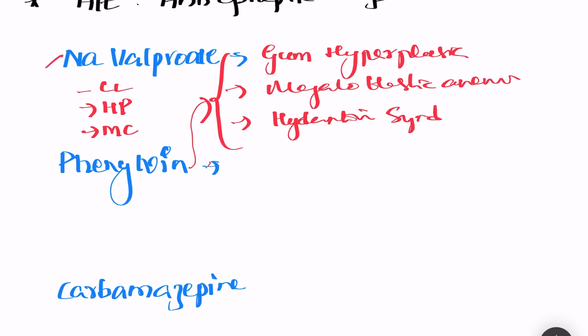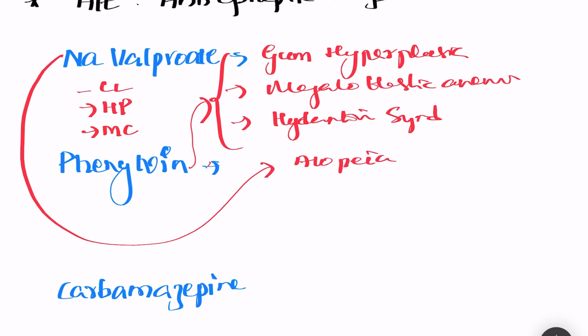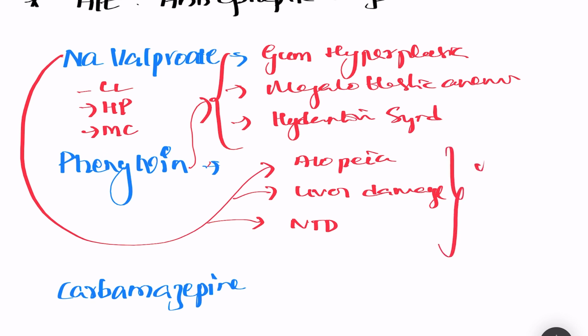So then what will be the side effects for sodium valproate? Sodium valproate will cause alopecia as the side effect. It can cause liver damage, hepatotoxicity, and it can cause neural tube defect. Among these anti-epileptic drugs, it is the most teratogenic drug.